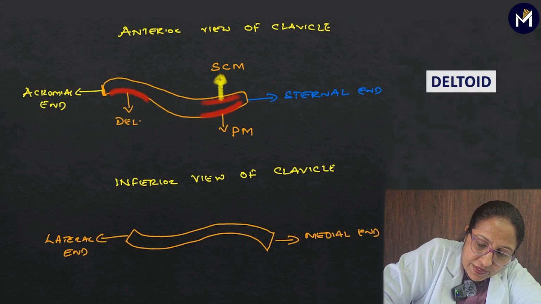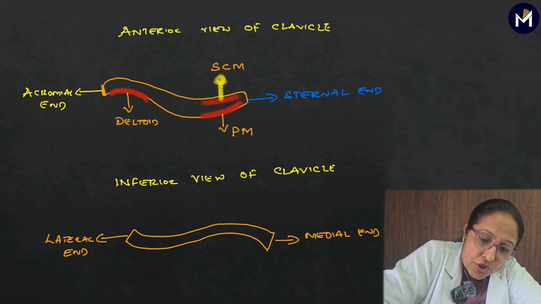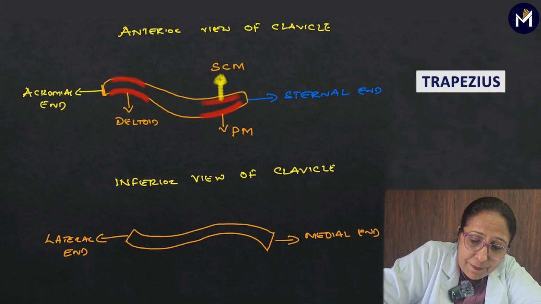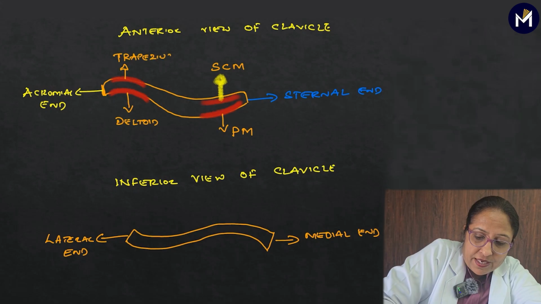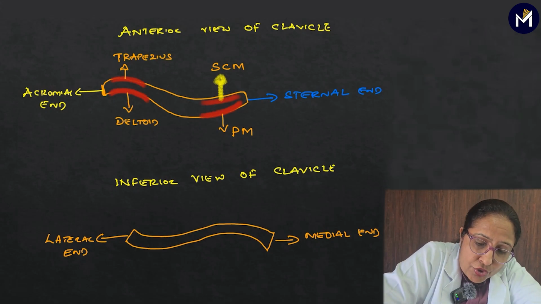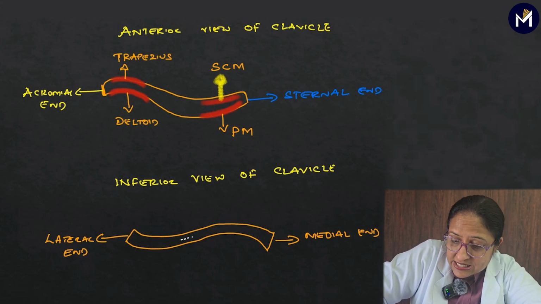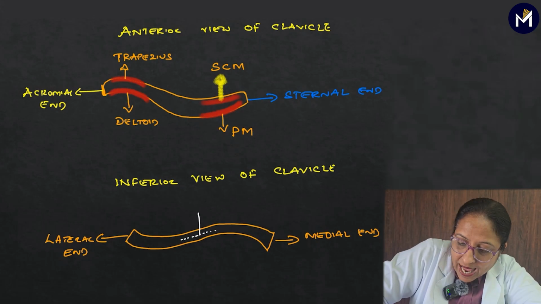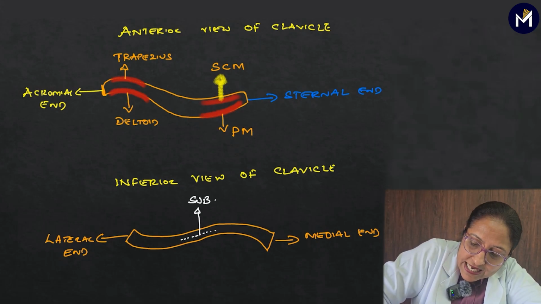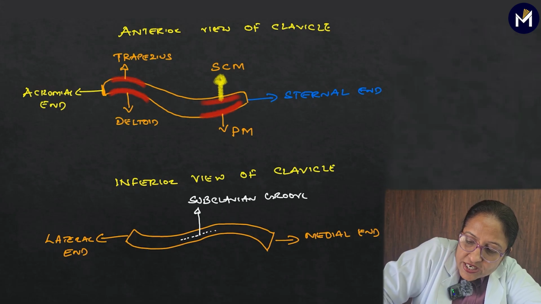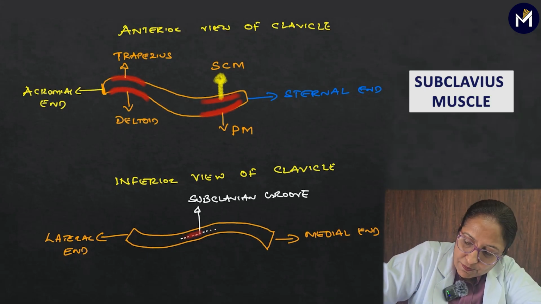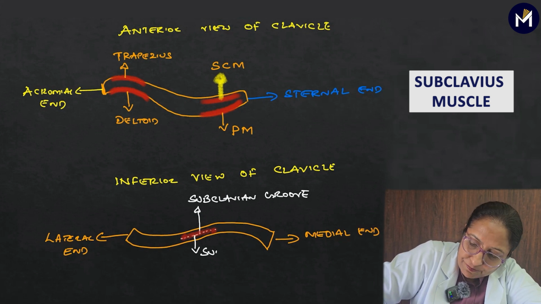So, this is deltoid, and to the posterior border, trapezius is attached. So, this is trapezius. Now, we also know that on the inferior surface, there is a groove, and this groove is called as subclavian groove, to which subclavius muscle is attached. So, this is subclavius muscle.